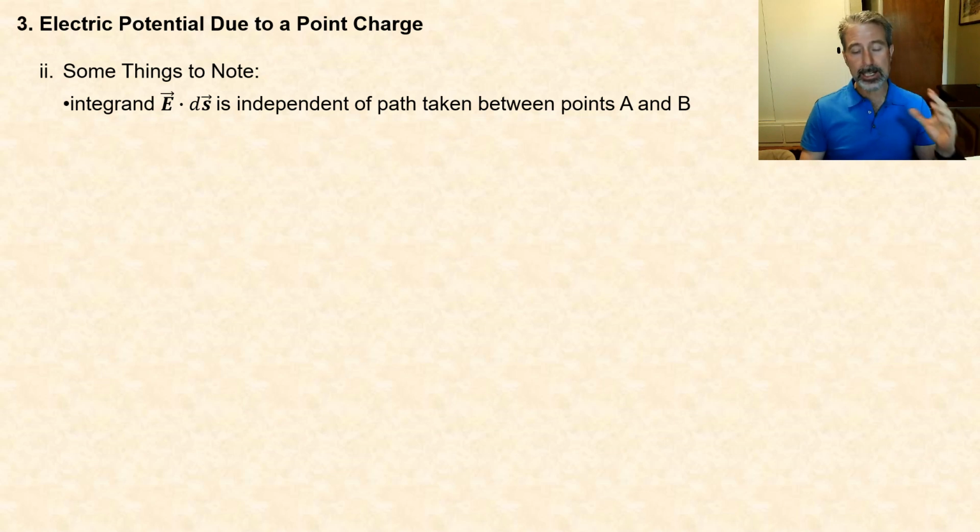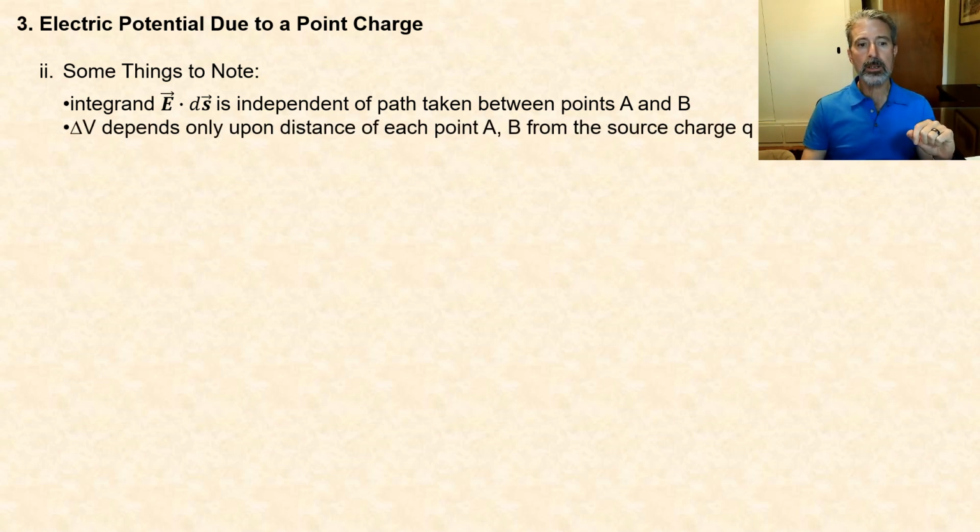And remember that electric potential energy and therefore electric potential are defined in terms of that work done. The electric potential difference, as we saw, depends only upon the distance of each of our field points A and B from the source charge Q.